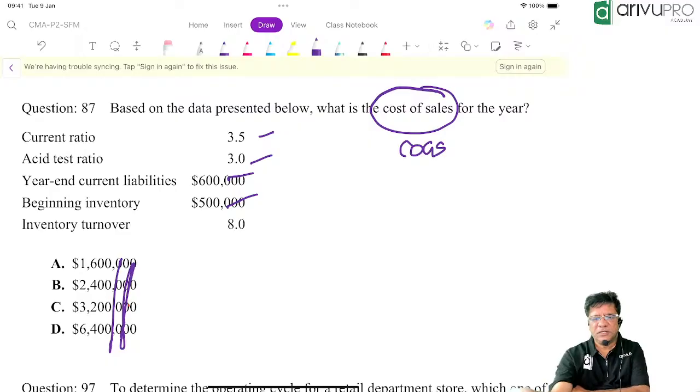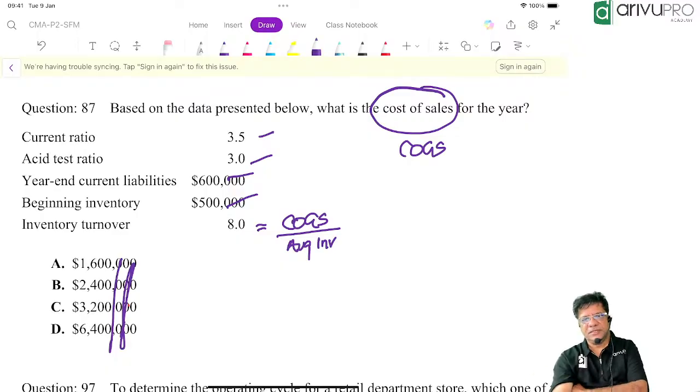What's the inventory turnover? It is 8, right? 8 is equal to cost of goods sold, we don't know, divided by average inventory. Yes? Okay. Now we have to find out average inventory.